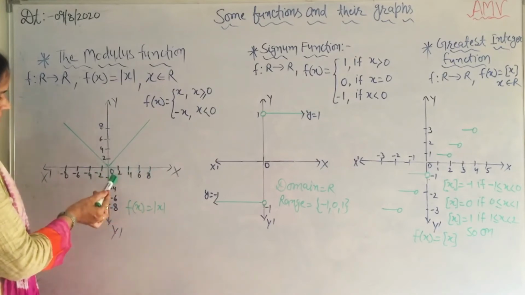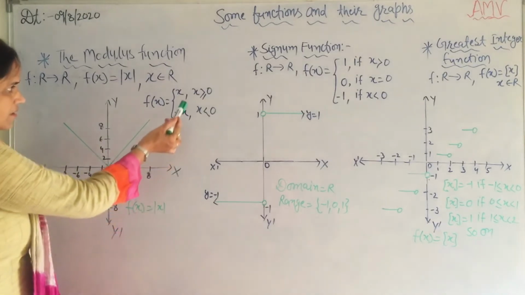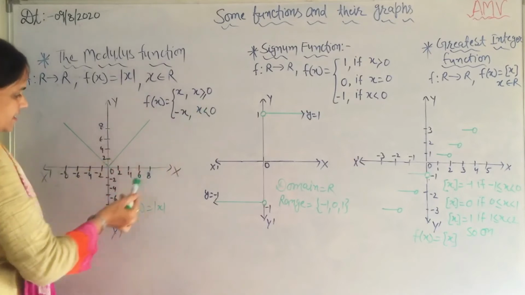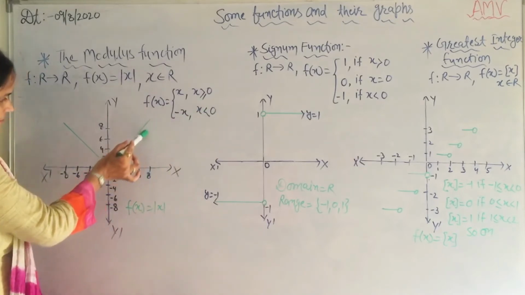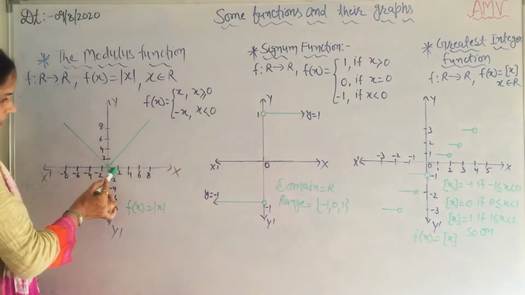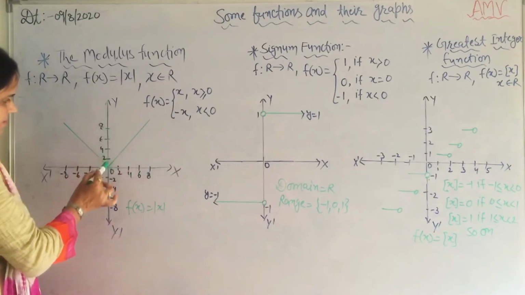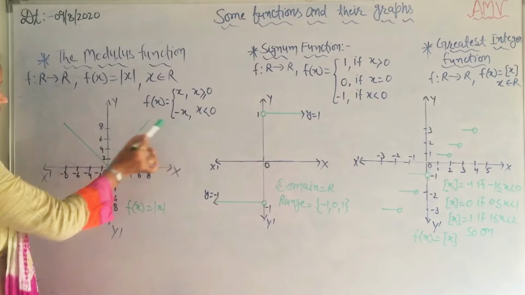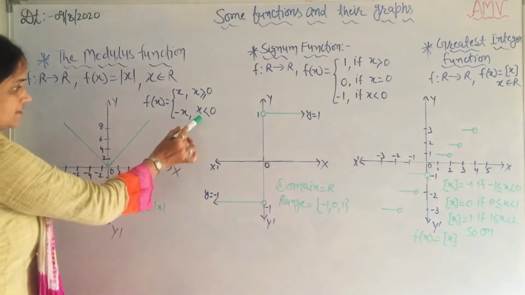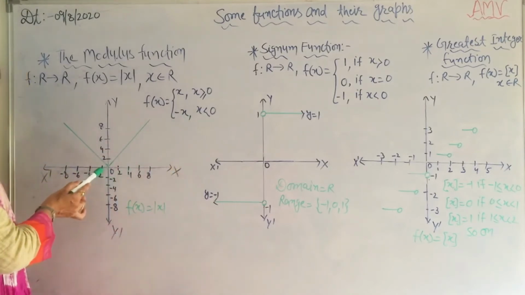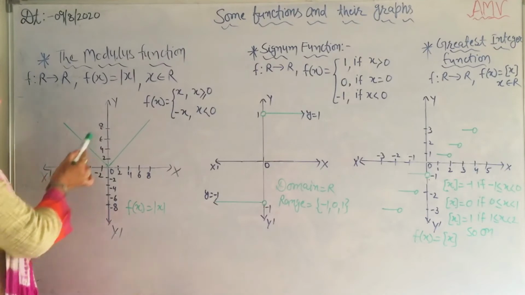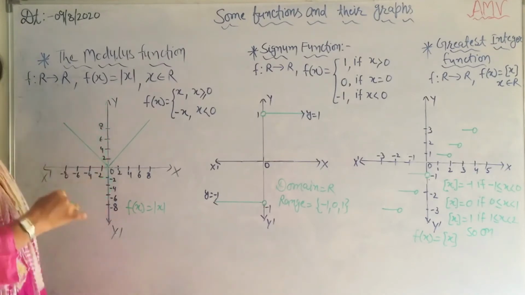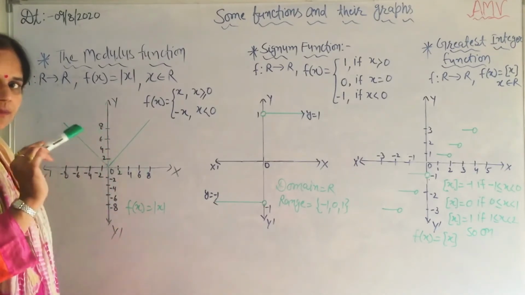Here, if you are taking the positive values of x, meaning x greater than 0, then the graph would be in the first quadrant, x positive, and here y is also positive. And when you are taking the negative values of x less than 0, these are the negative values, and f(x), negative of negative, becomes positive.